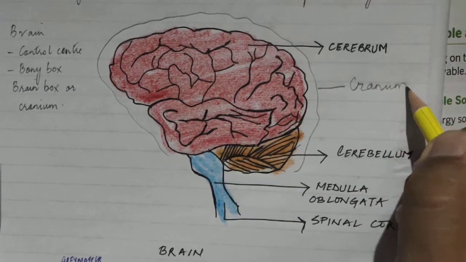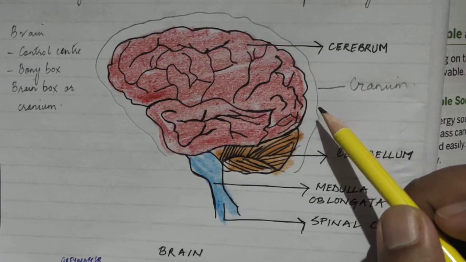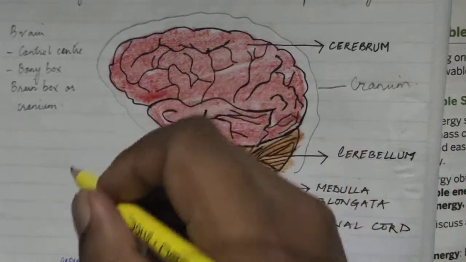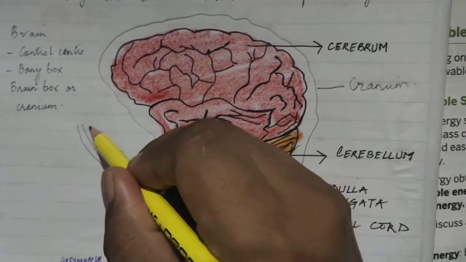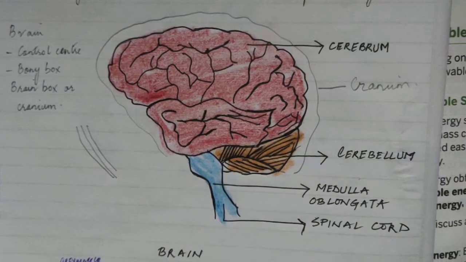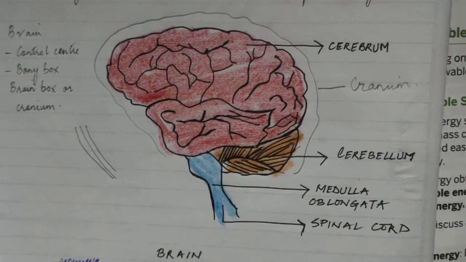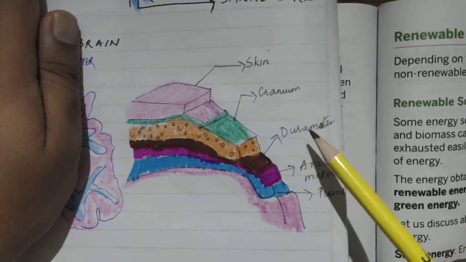Now, inside the cranium there are three protective layers. These three layers together are named the meninges.